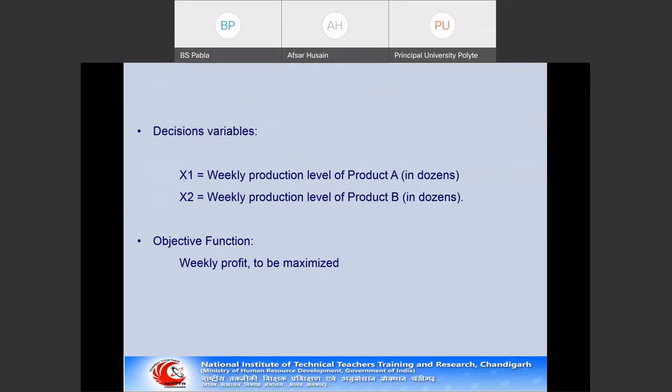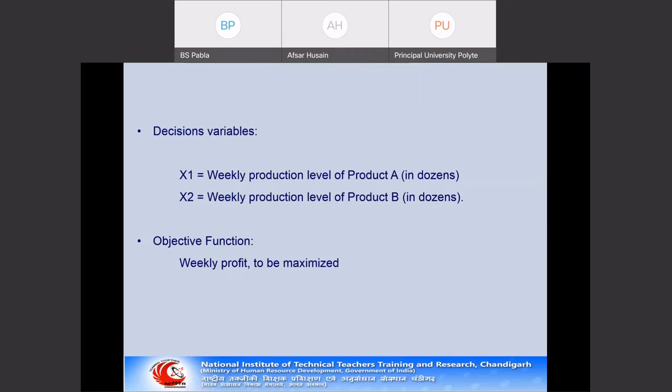There are two design variables now. X1 is the weekly production of product A and X2 is the weekly production level of product B. X1 and X2 become the variables which can change during the optimization process. Then what is the objective function? Weekly profit to be maximized.